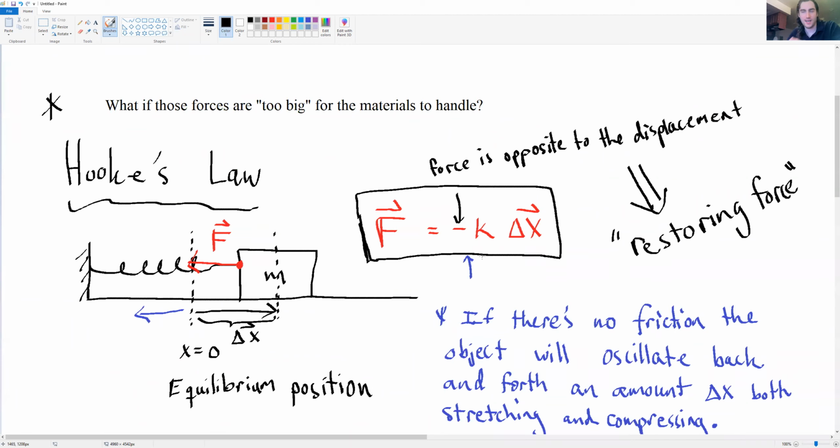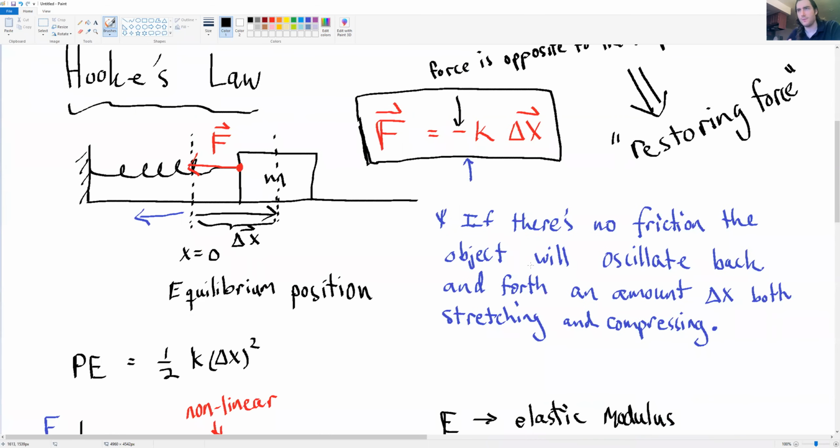So in essence, K is an elastic modulus for the spring. It stretches an amount delta X when I apply a force F, and if K is really small, that means that small forces can give me pretty big stretching. If K is large, then I need large forces to get much stretching.